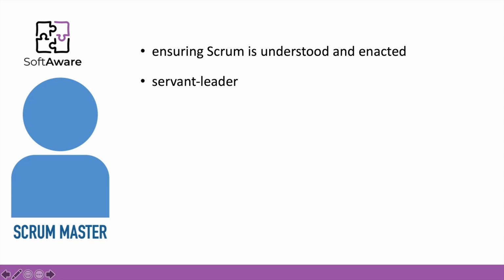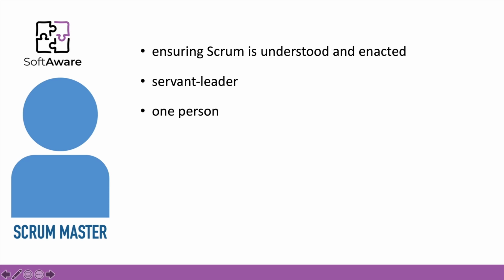So the idea of a Scrum Master is someone that leads the entire team, but is also in a position where they serve everyone inside of the team by helping everyone, not only by understanding Scrum, but also by removing impediments, technical impediments or personal impediments that make it impossible for the team to achieve the goal that the team has committed to.